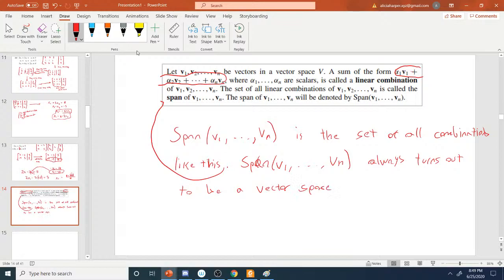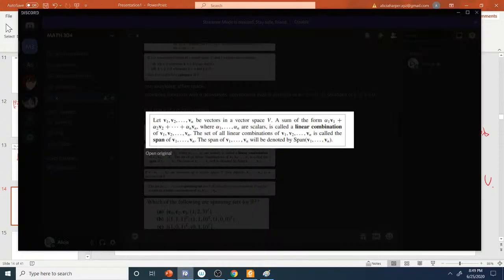And not only is it a vector space, but in fact, a subspace of V. So span of V1 through Vn is kind of a way to generate a subspace of your vector space by looking at all linear combinations of your vectors. Okay.